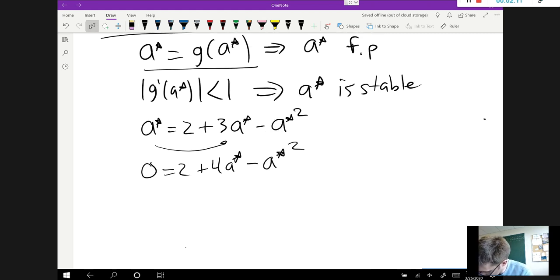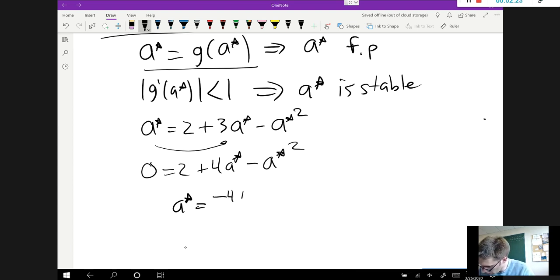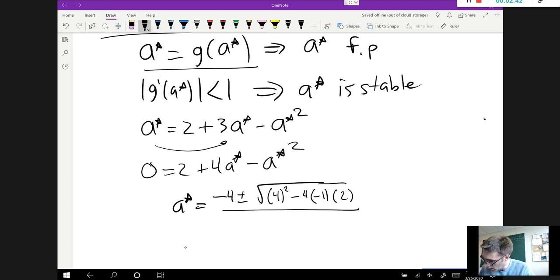And that would be, let's see, a* has got to be equal to minus b, which is the coefficient of the first power term, so minus 4, plus or minus the square root of b squared minus 4 times a. And in the quadratic formula, a represents the coefficient of the squared term, so there's a negative 1 in front of a*^2, times c, which is 2, all over 2 times a.